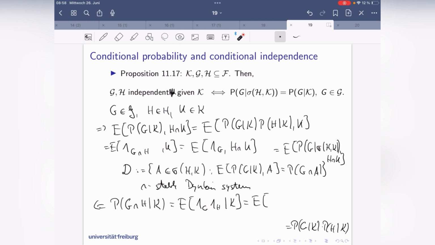But H is measurable with respect to the sigma algebra, only G is not, so the expectation of G conditional on the sigma algebra generated by H and K, indicator H, conditional on K, like this here. Well, that's the conditional expectation here. That's for the conditional probability, because here's an indicator function.